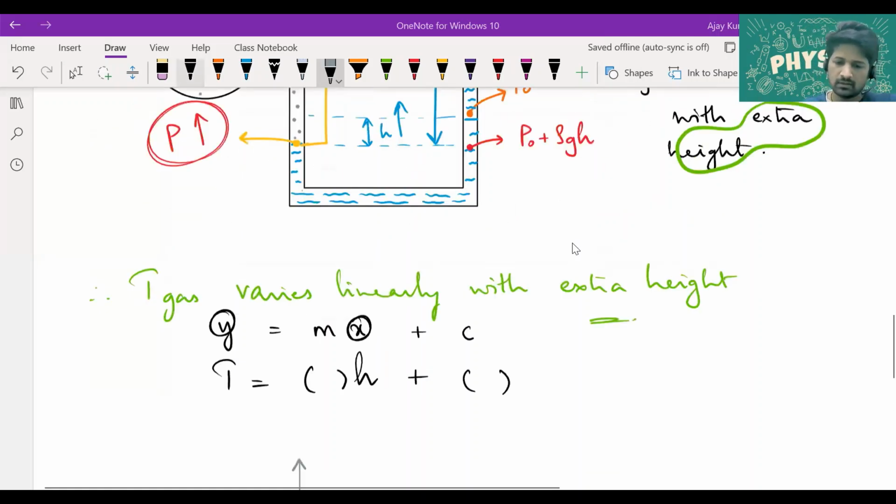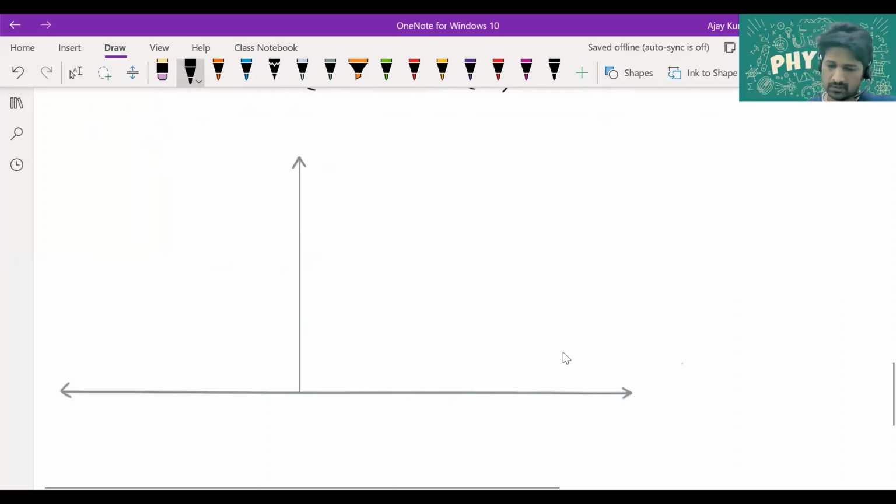Now, they knew that temperature varies linearly with height, pressure varies linearly with height, temperature and pressure are also linearly related. So what they did was they plotted pressure on the y-axis, temperature in degree C itself. That is the scale they knew in those days. They took that on the x-axis.